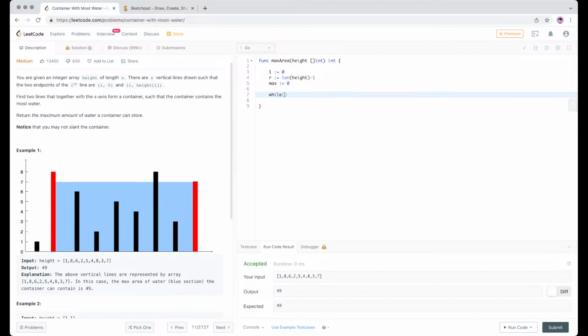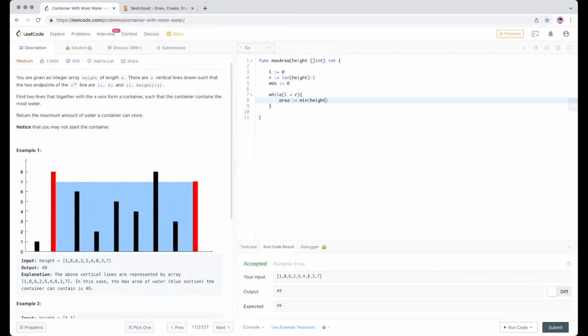While L is less than R, we calculate the volume, the water, which you can consider as area.